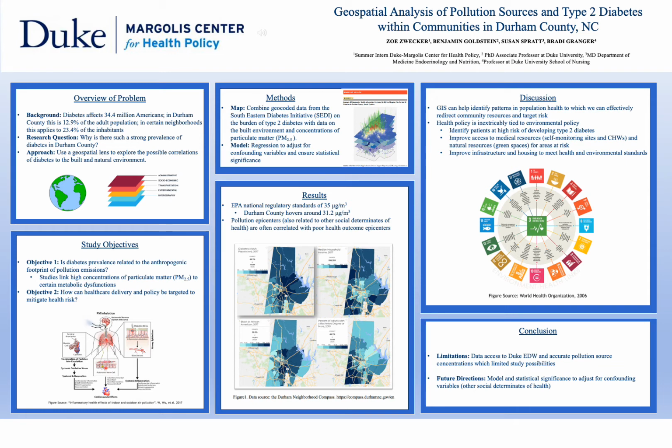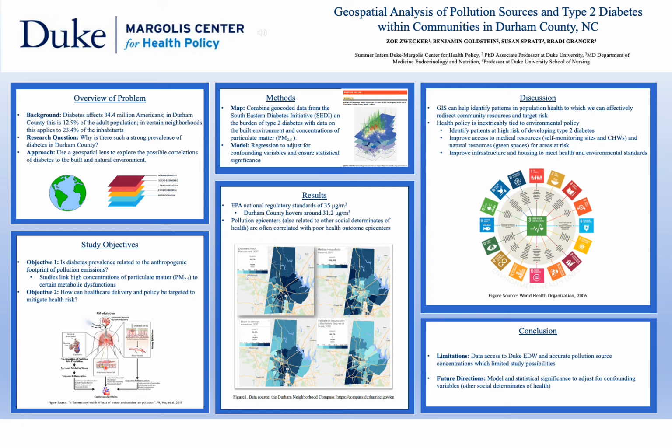What I mean by that is when we're looking at where there's high risk in Durham County, high risk is often also correlated with low income, racial distribution, education, and other variables that are social determinants of health. So we need to run a model that adjusts for these variables so that we can really focus in on the thing that we're looking at, which is pollution, to see if it has any direct relationship with diabetes.